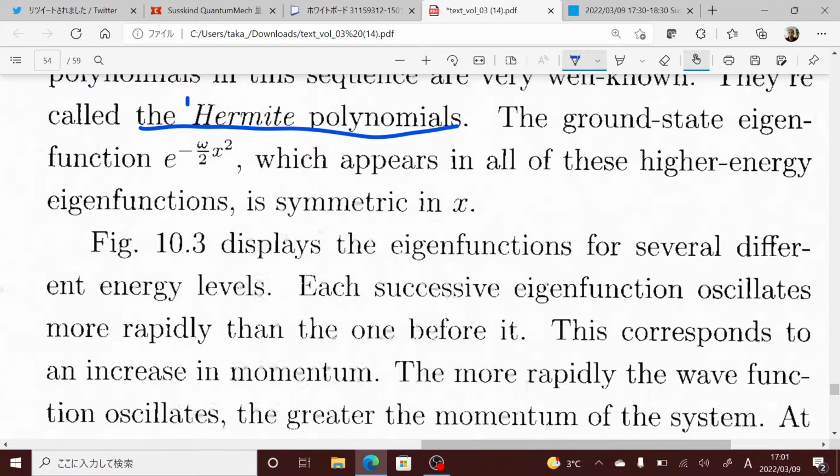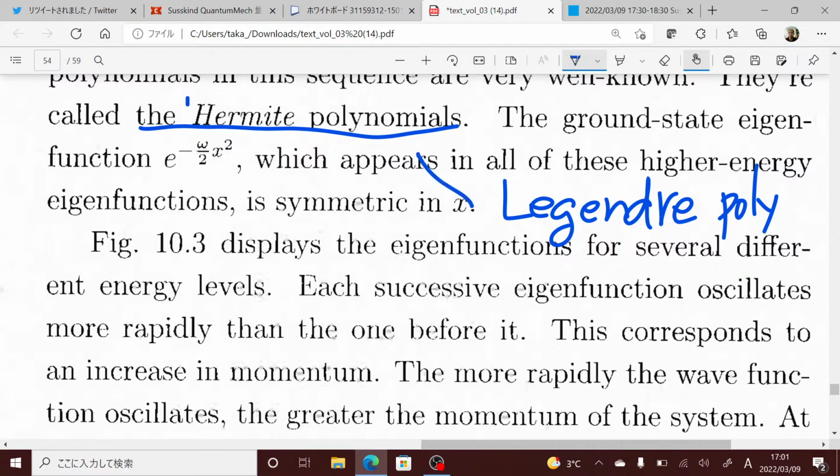How do you write Legendre? How are they different?